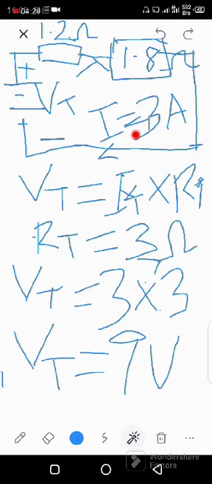Then multiply the total current by the total resistance, which is 1.2 plus 1.8 in this case, and you have 9 volts. So you can specify that you need 9 volts to be able to power or control this circuit.